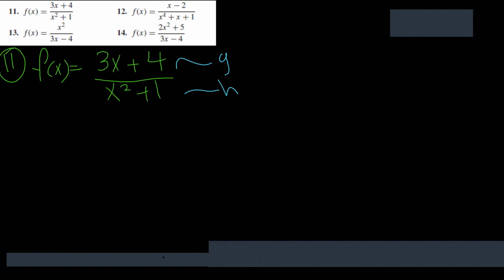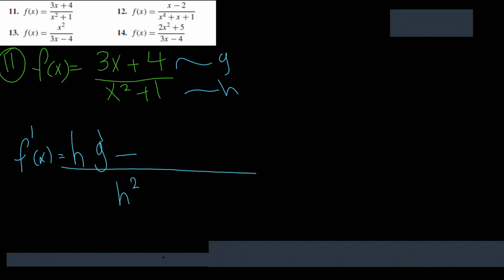So because of that, f prime will be, what is the denominator here, g or h? h. So it will be h squared up. I'm writing down h, so I'll start with h times g prime minus g h prime.